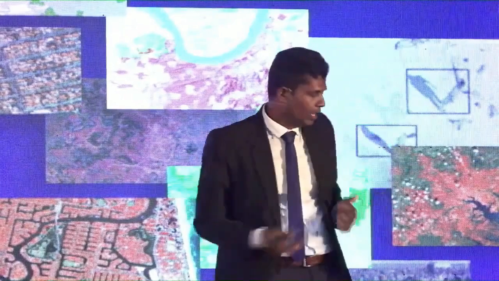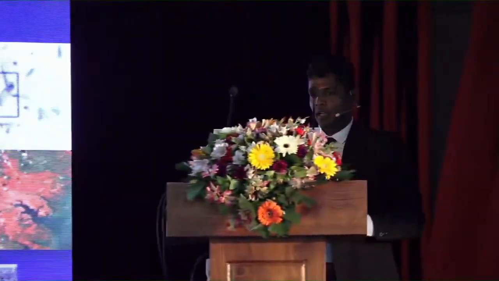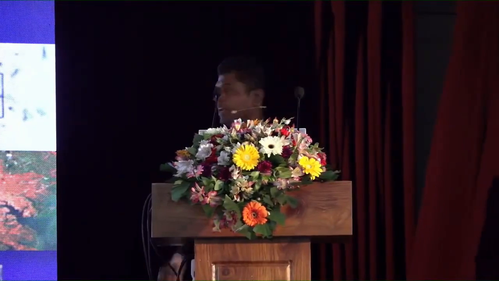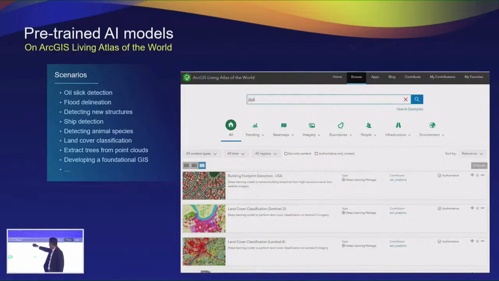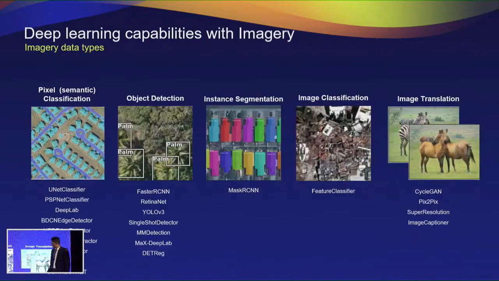We have a lot of models available in the ArcGIS Living Atlas. You can search in a web browser: go to the ArcGIS Living Atlas and just type .dlpk. Then it will list all the models already available there.